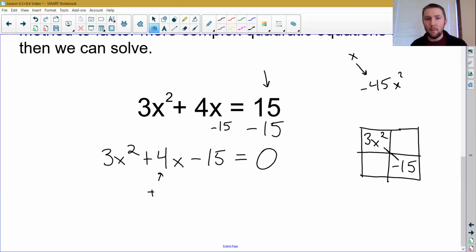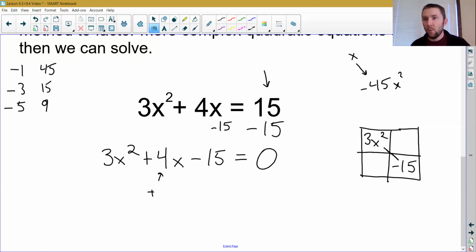So if I start thinking about numbers that can multiply to be 45, I could do negative 1 and positive 45, but when I add those, I don't get 4. I could do negative 3 and positive 15. When I add those together, I get 12. I could do negative 5 and positive 9, and when I add those together, I get 4.